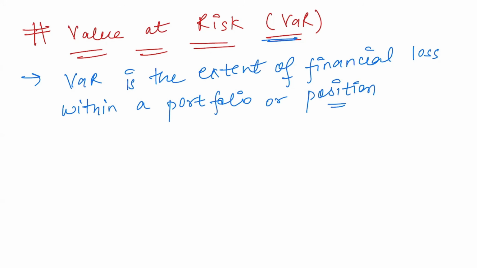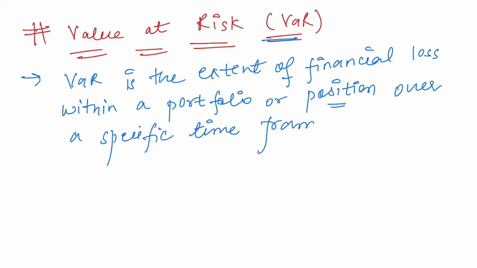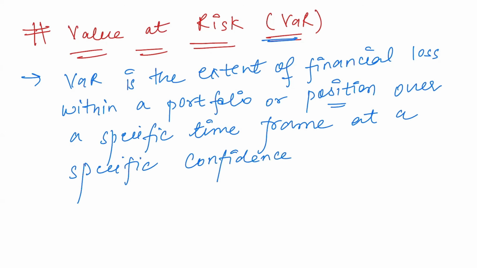Let's say we have taken certain positions in the market, so over a specific time frame at a specific confidence interval. This is the definition of what value at risk is.